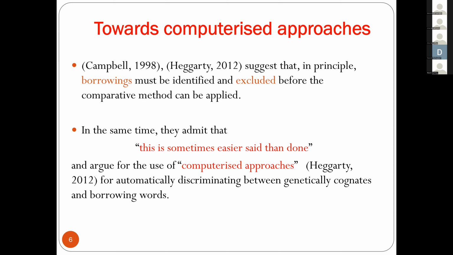It's not easy, there could be problems when we analyze borrowing, but in fact we need cognate pairs. At the same time, they admit that this is sometimes easier said than done, and they argue for the use of computerized approaches in this field.